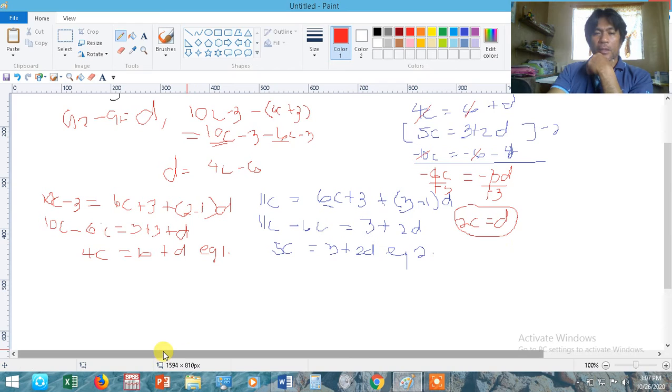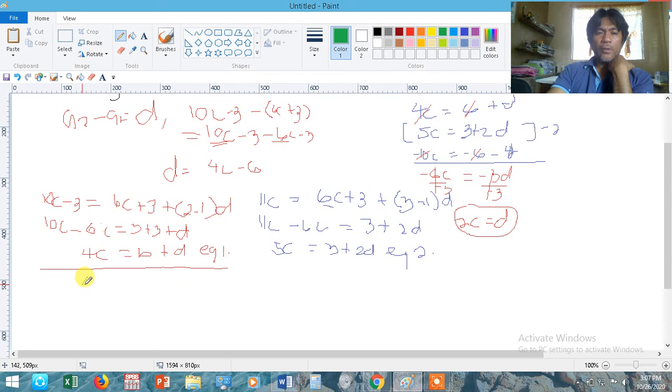Either there's equation number 1 or equation number 2. So, let's try it in equation number 1. So, if d is 2c, so this will become, ibang green na po na to. Let's have d as 2c.